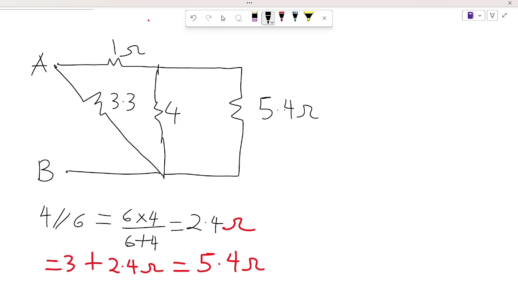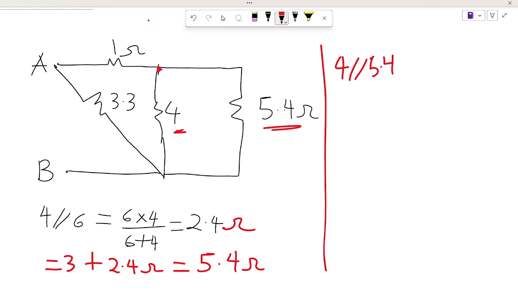So we can further simplify to get this. So we have a node present at this point, and checking everything to make sure we are on track, we realize that our 4 and our 5.4 ohm resistor are in parallel. So we get 4 in parallel with the 5.4.